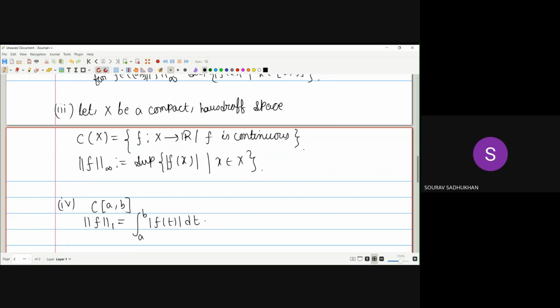Sir, can we follow Conway or Rudin to accompany? Oh yeah, if you want, you can. But frankly, whoever is learning functional analysis for the first time, Rudin is not the book to learn something for the first time, and not Conway also. They are very tough books to go through.